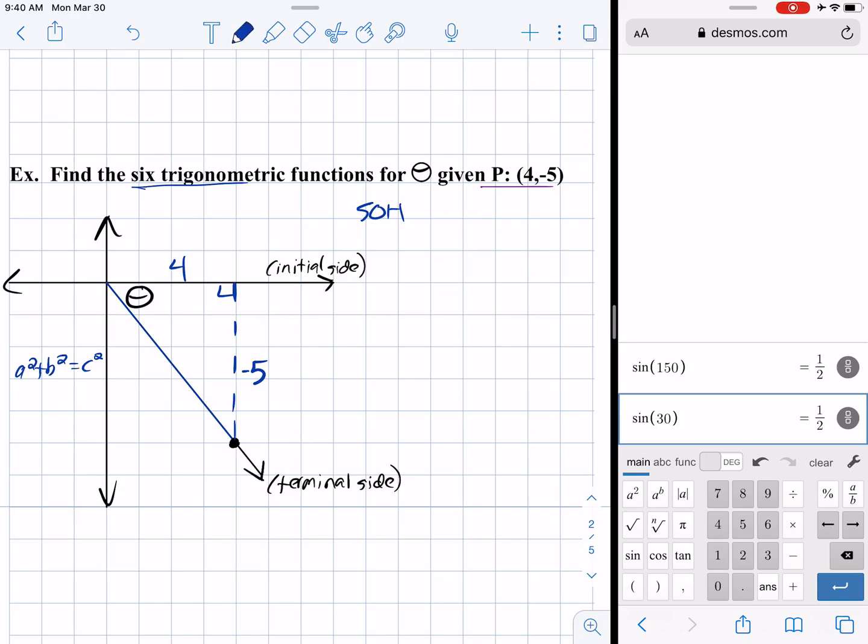For our sine ratio, our cosine ratio, and tangent, we're just going to be using these 2 lengths, the 4 and the -5. That's okay. We still need to find this length right here. So plug in our 4 and our -5, we get 16 plus 25 equals c squared. 41 equals c squared. We're just left with the length of root 41.